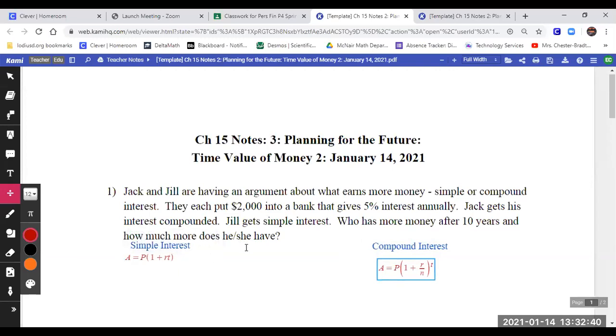The first thing we have to identify is, what are the numbers?